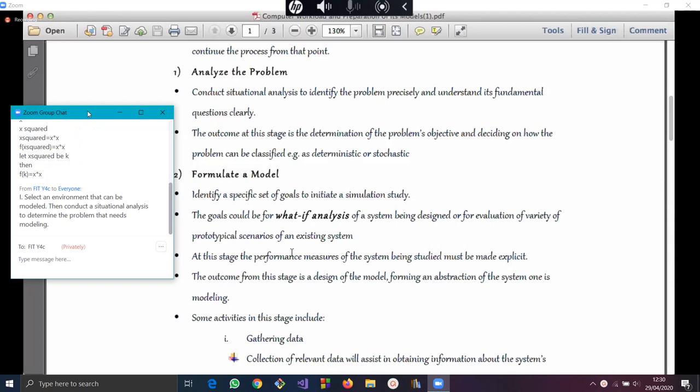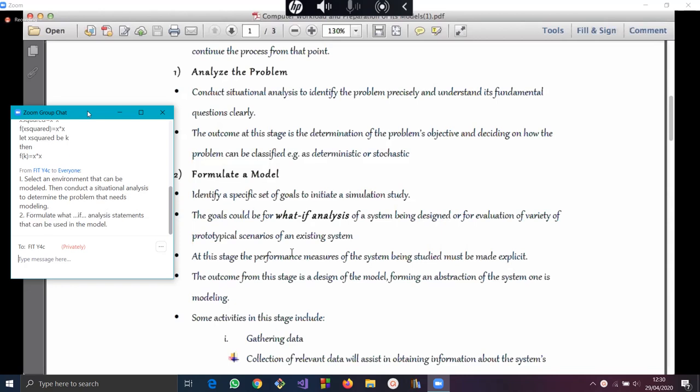Number two, formulate what if analysis questions or statements that can be used in the model.